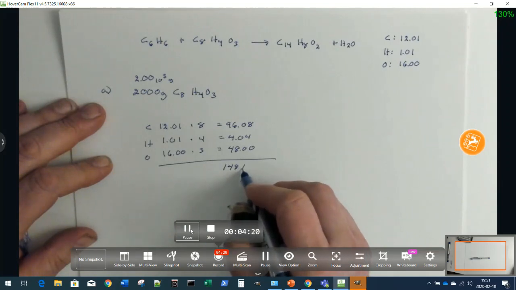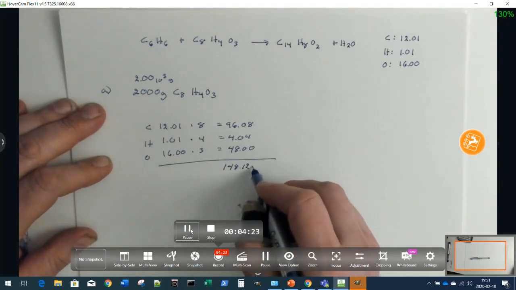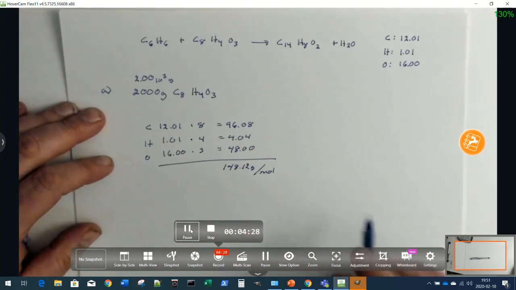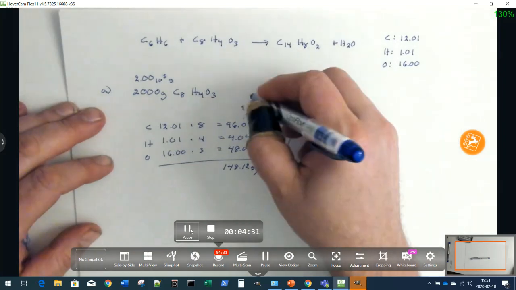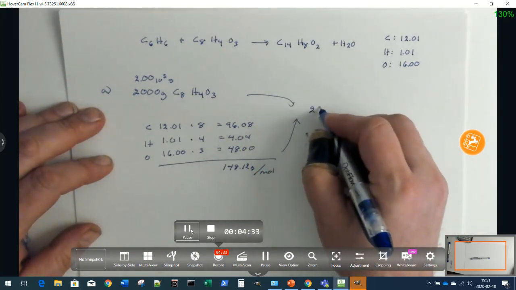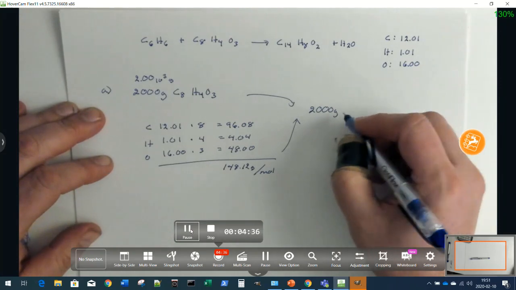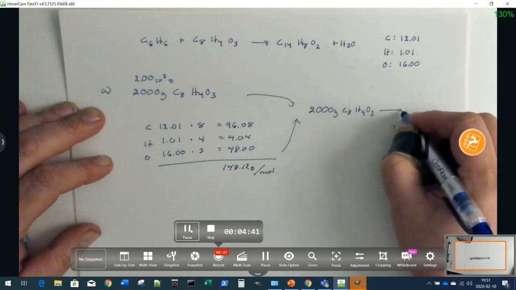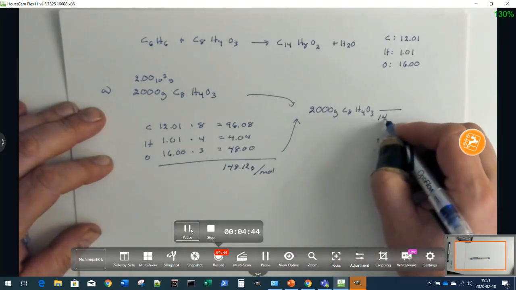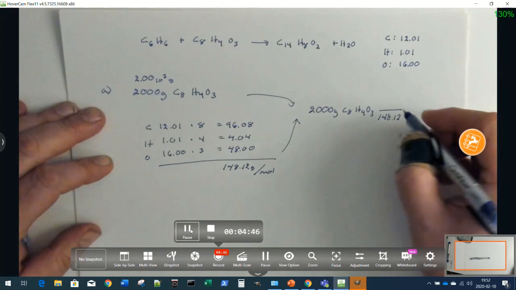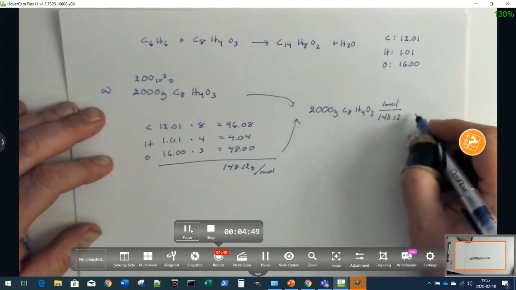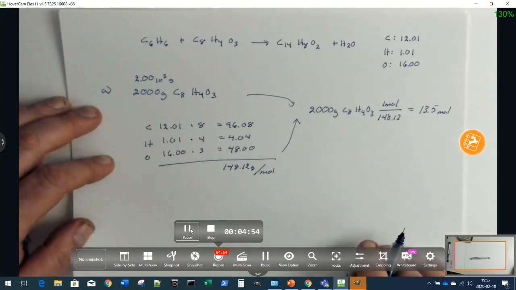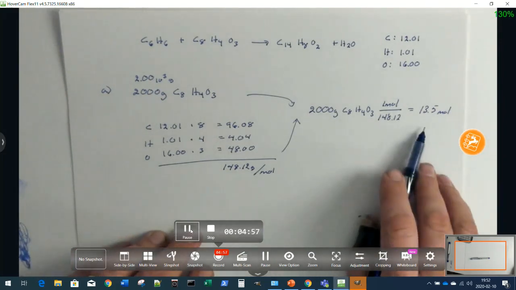So the molar mass is 148.12 grams per mole of phthalic anhydride. Then we have 2,000 grams of C8H4O3 divided by the molar mass, 148.12 grams for 1 mole. Turns out it's 13.5 moles.